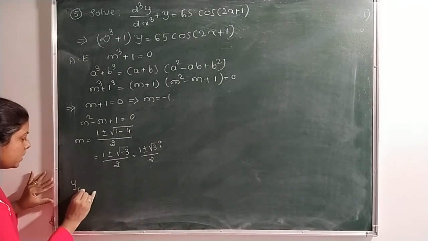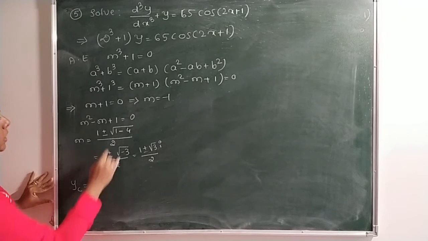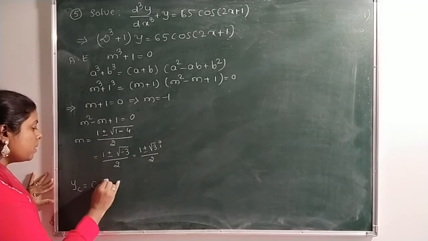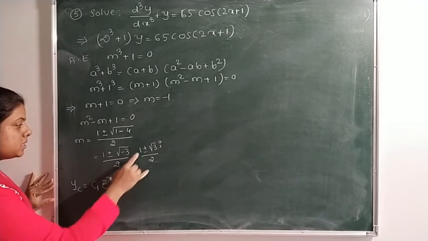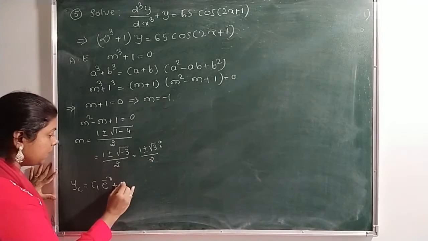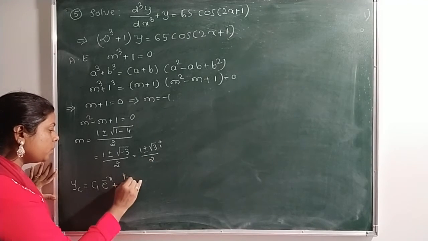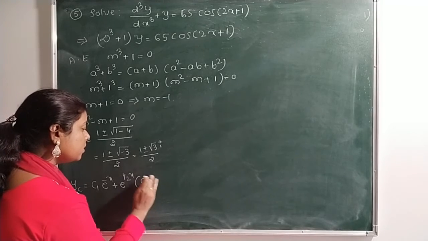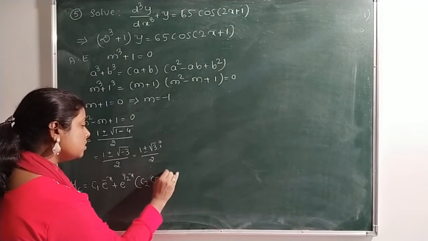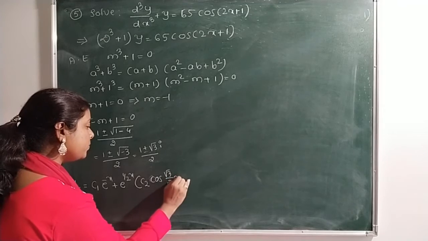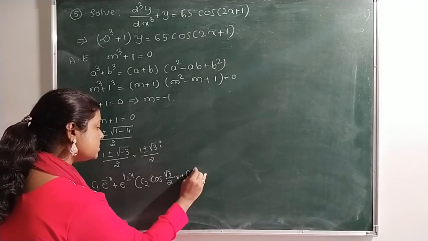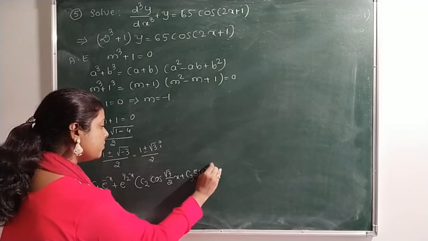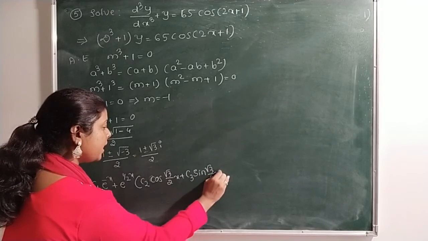Now we have to write the yc. First we write this one, C1 e to the power minus x, plus e to the power 1 by 2 x into C2 cos root 3 by 2 x plus C3 sin root 3 by 2 x.